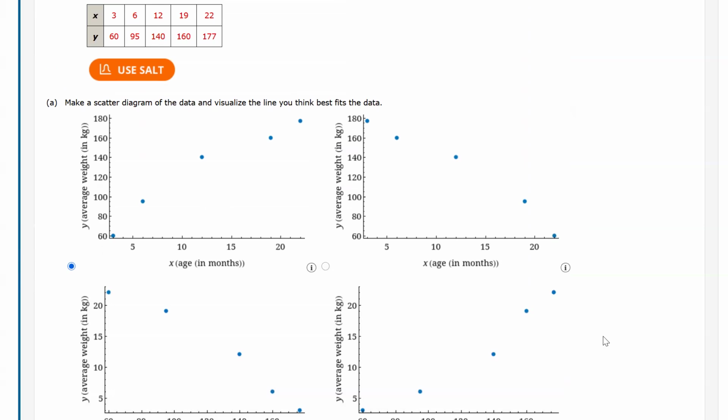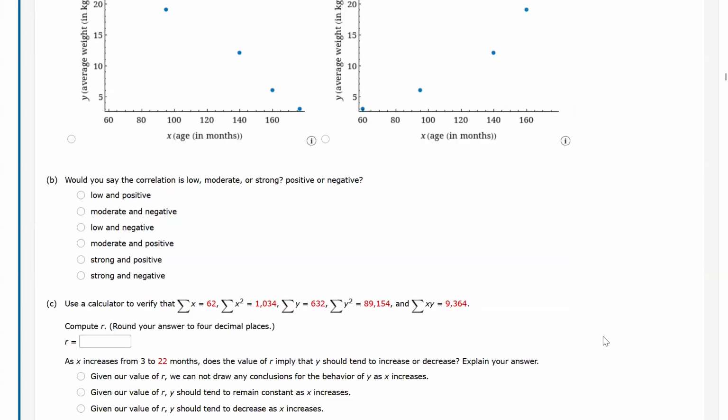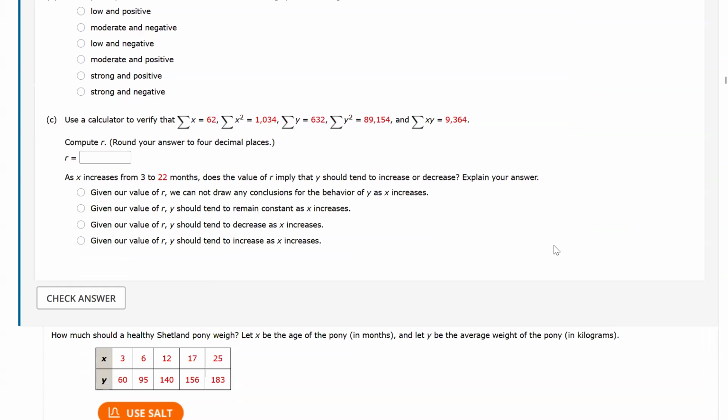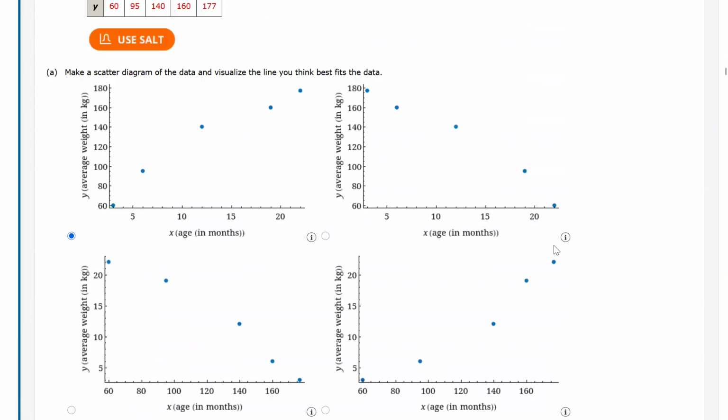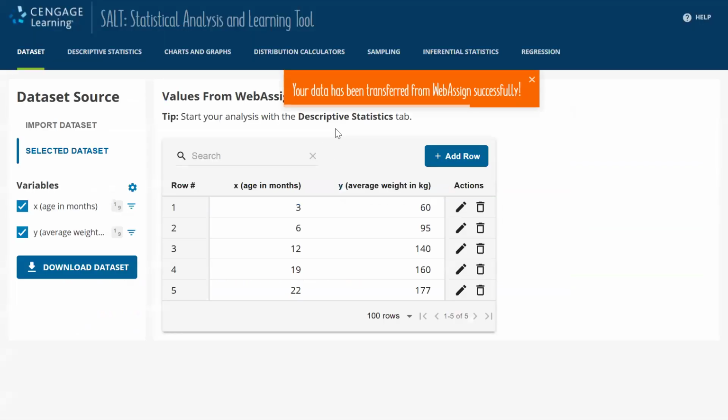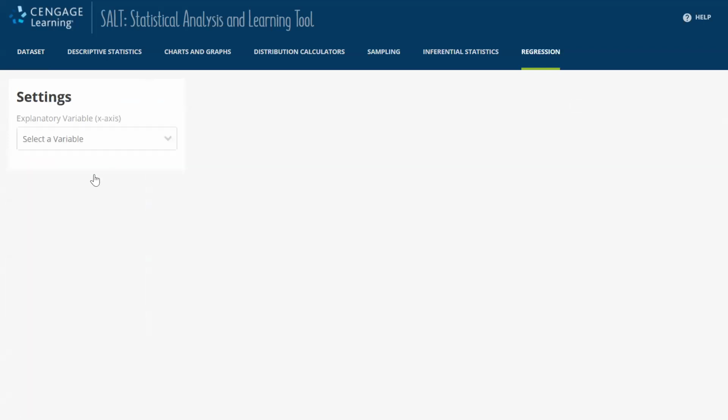All right, so let's go to R real quick. Now I'm trying to find R. I don't want to use the formula. I want to use Sol for it. So I go to Sol, use Sol, and it's going to transfer the data for me. Then I'm going to go on to regression.